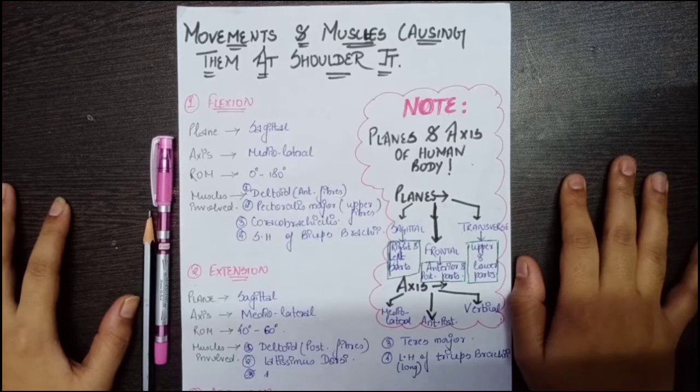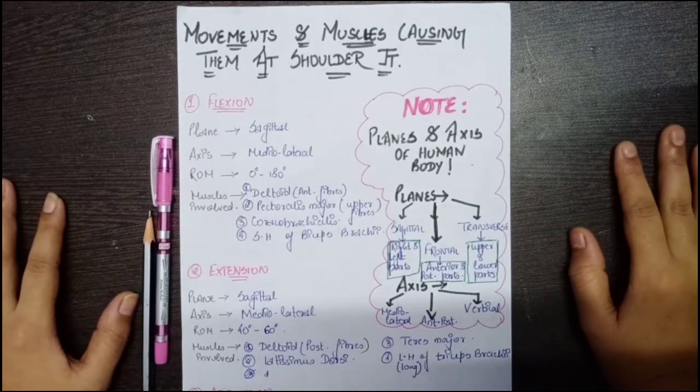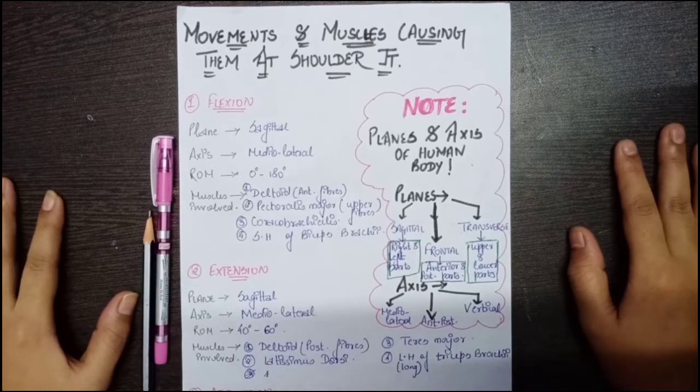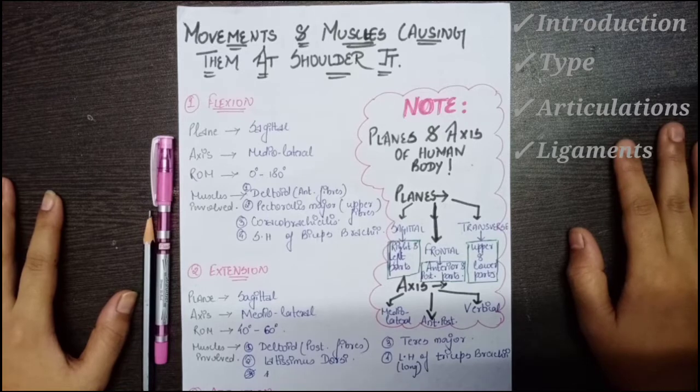So let's get started. First, recapping the first two videos: in the first part of the shoulder joint anatomy video, we talked about the introduction of the shoulder joint, the type, the articulation and the ligaments associated with the shoulder joint.